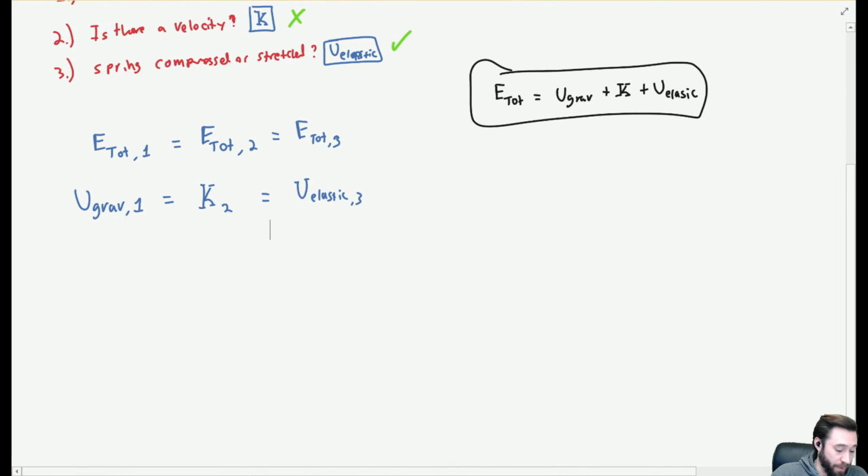Now, depending on the questions that I ask you, there are some variables that I will give, and you will have to use that information to solve for something that is unknown.